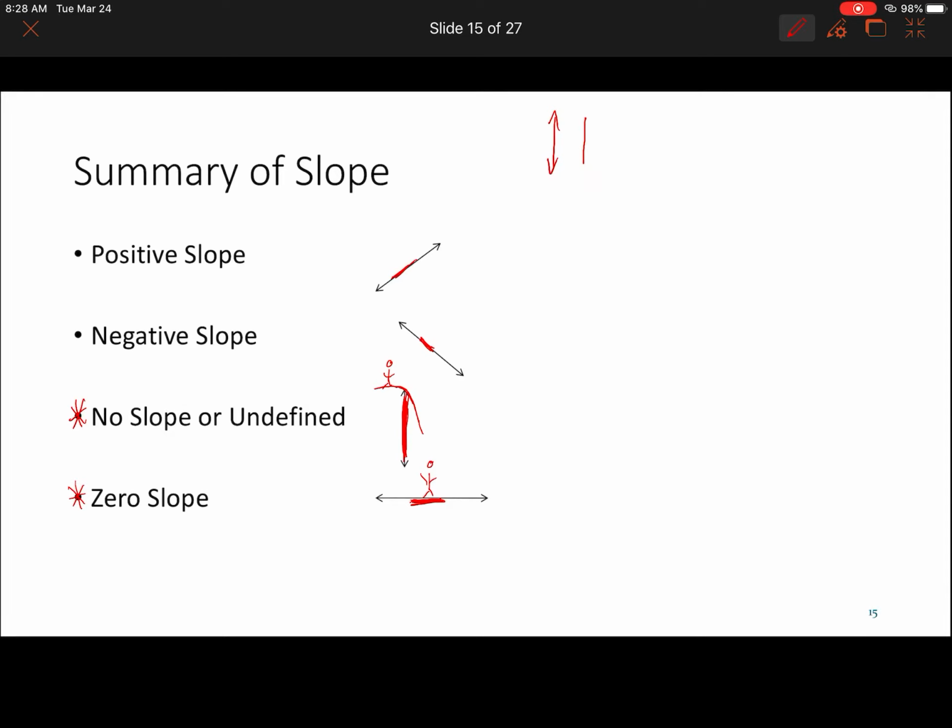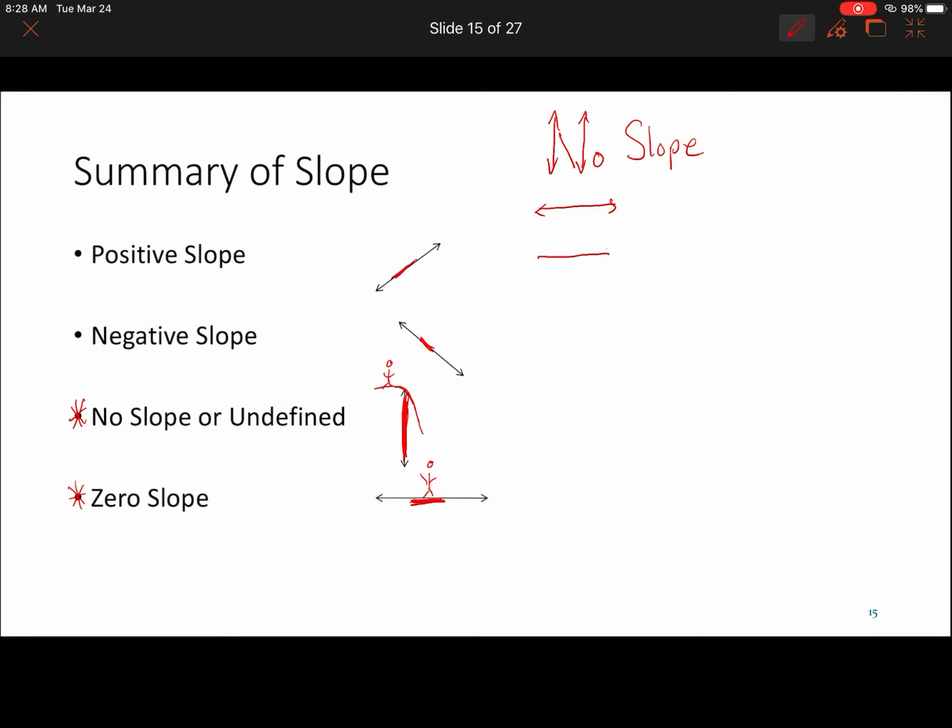So when we talk about this line, it has no slope or an undefined slope. And so what we're going to do is draw another line like that, and then we're going to just make this say no slope. That way you see those two lines have no slope or an undefined slope.